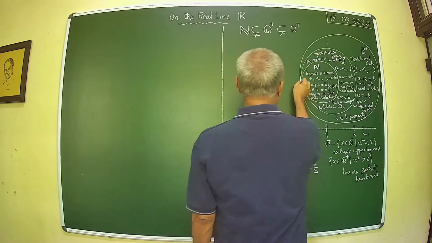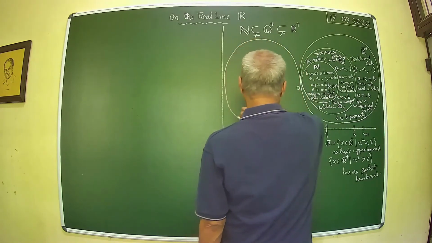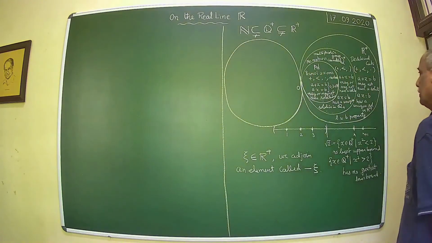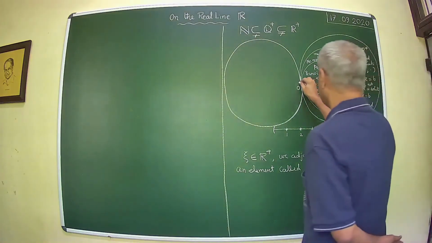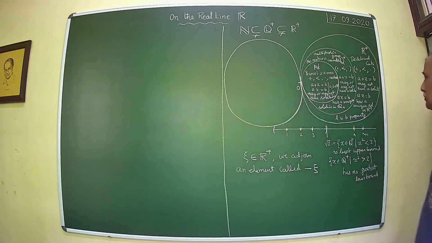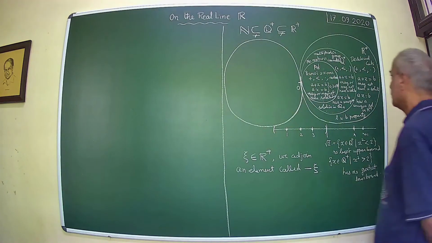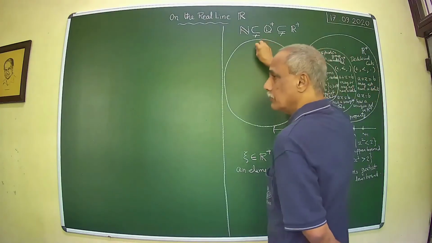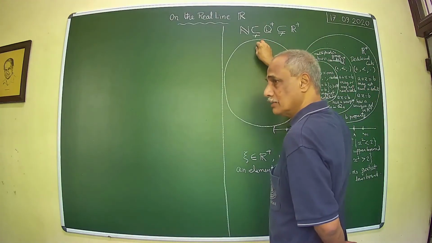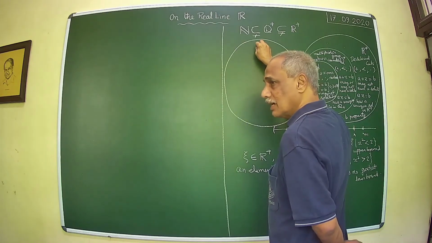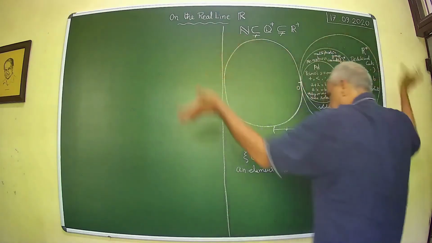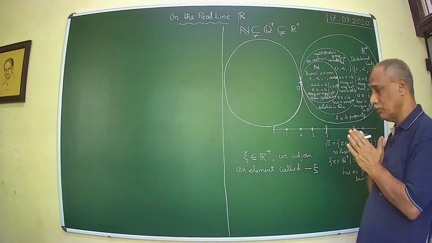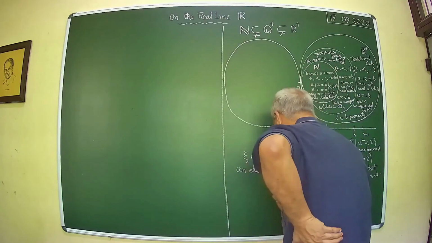Therefore, what do you get? You get another class here. Okay. 0 is here. 0 is the one that connects all of them. And corresponding to every psi here, there is an element here, minus psi. And now we have enlarged this class. So you have additionally an element 0.